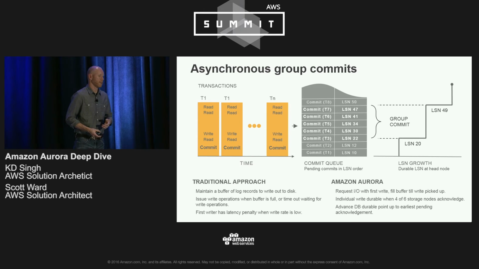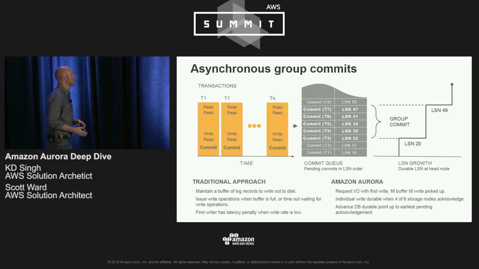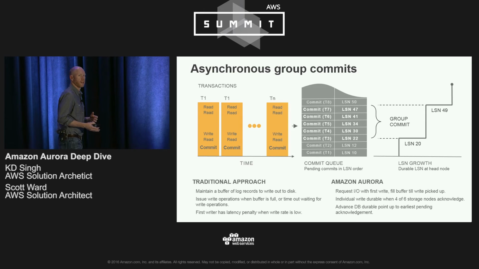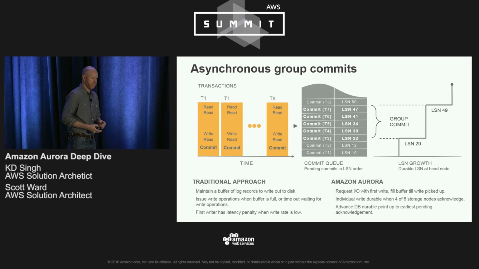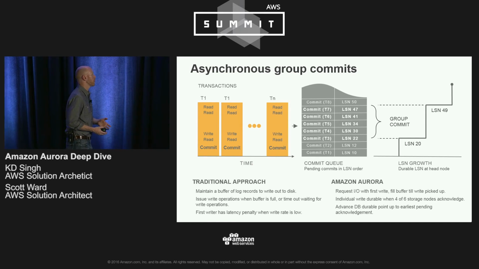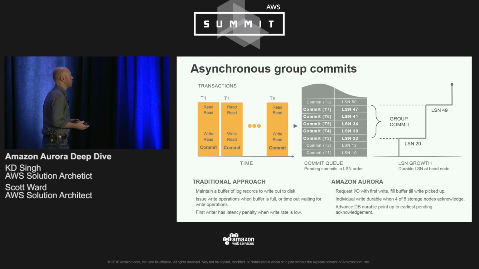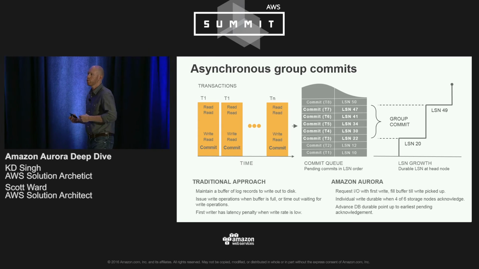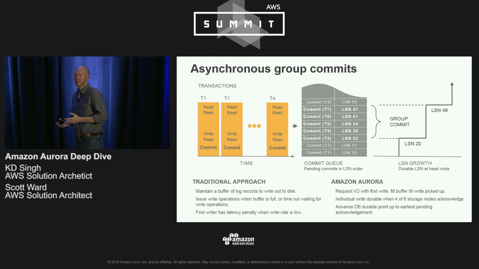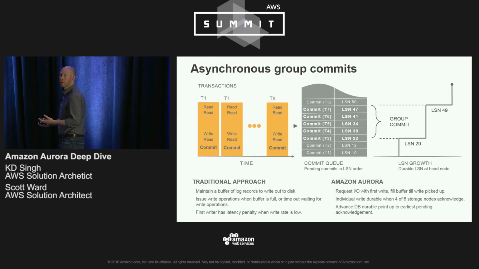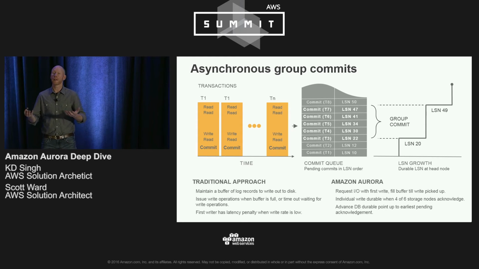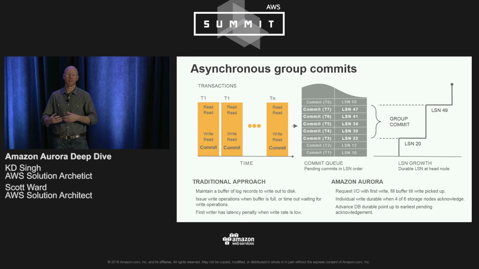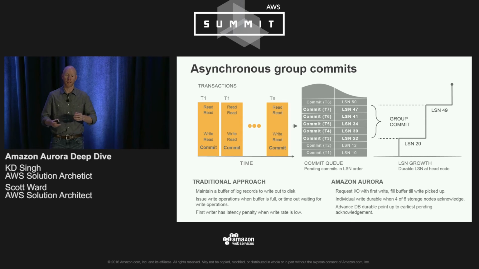So one of the other things that we've done is we've worked to change how commits happen in the Aurora database. In a traditional database approach, the way that commits typically work is that somebody will do a write, and those writes are collected in a buffer. And when the buffer's full, or when an amount of time has passed, the buffer will get flushed and written to disk.